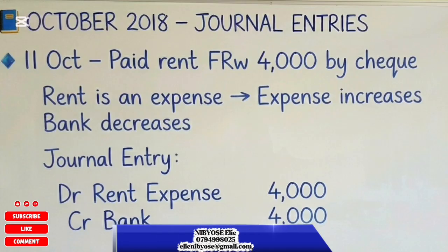This means we are going to debit rent expense by 4,000, and also we credit bank as an asset that is decreasing here, because we are paying rent expense by using bank. It means our bank account is reducing, so we are going to credit the bank account by 4,000 in order to obey the double entry system.